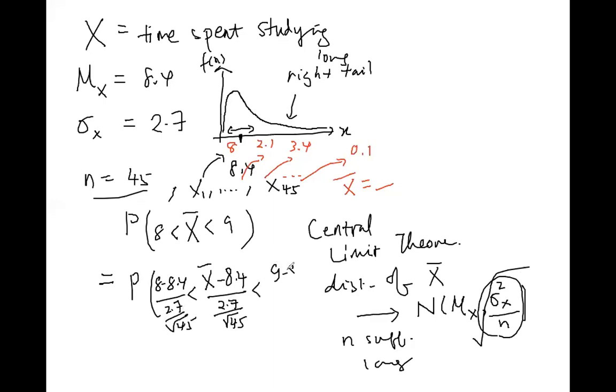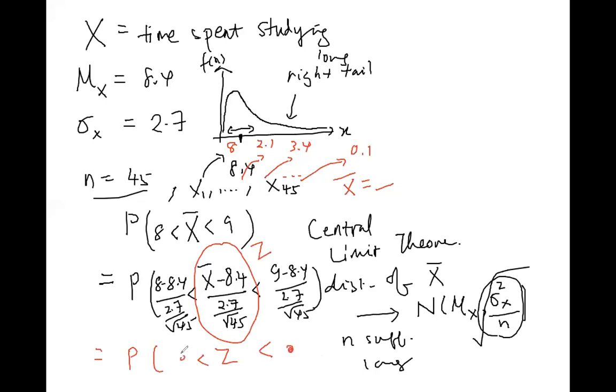Then this is just a standard normal, Z, lying between two values.